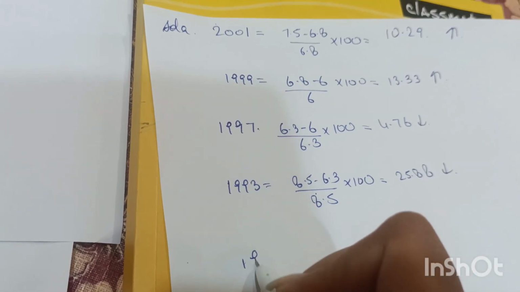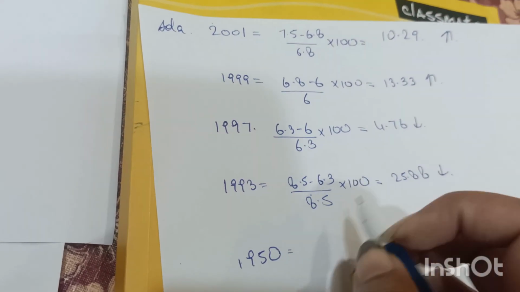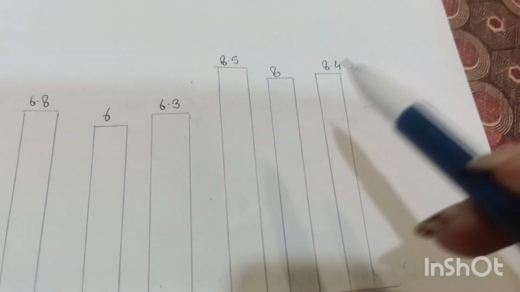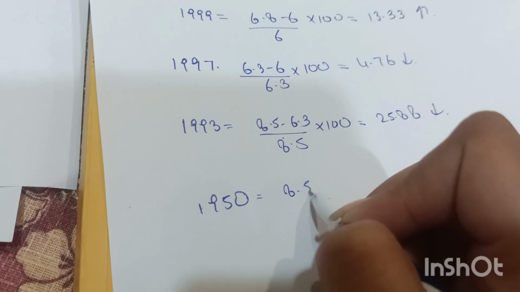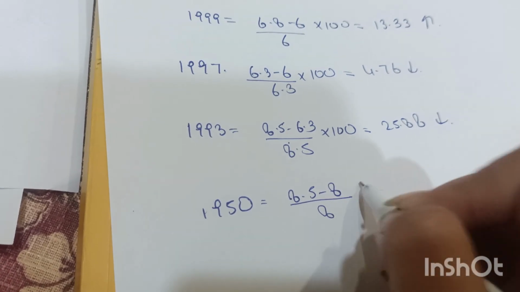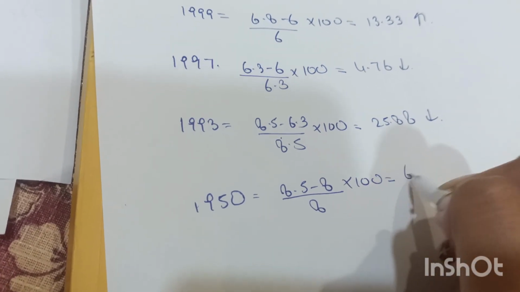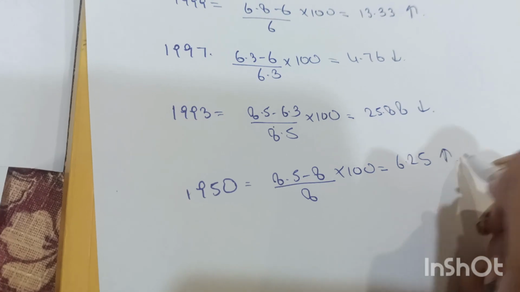And for 1950 you have to solve by 8.5 minus 8. 6.25, and there is an increase.